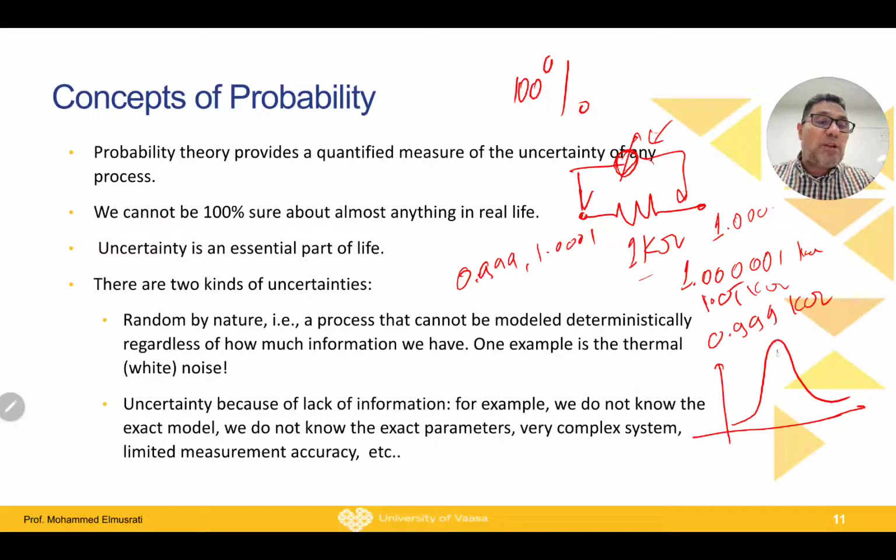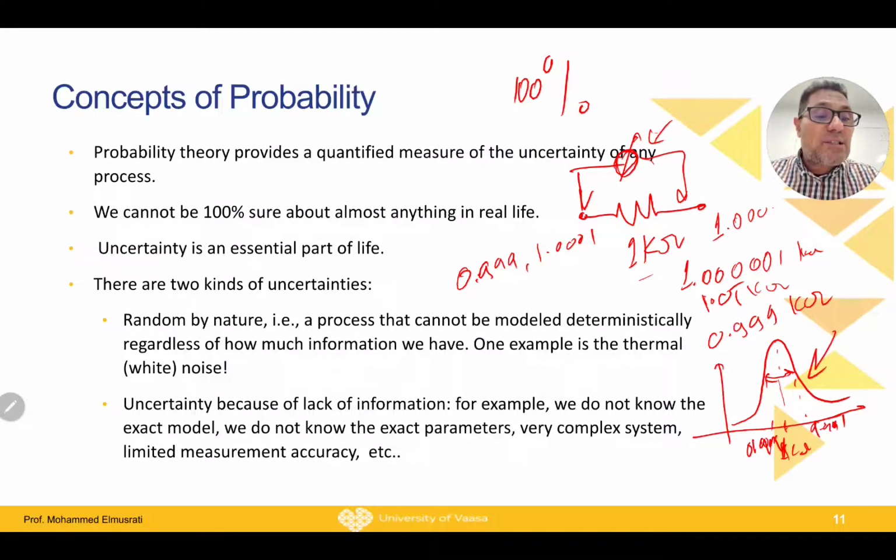So maybe the mean of this resistance can be 1 kilo ohm. This is the mean, but it can also have some other values. For example, here is 0.99 and here we have 1.01 and so on. So this is the probability density function of the distribution.